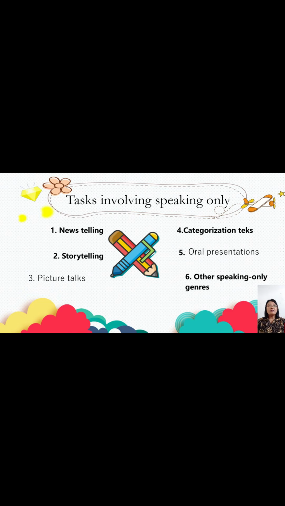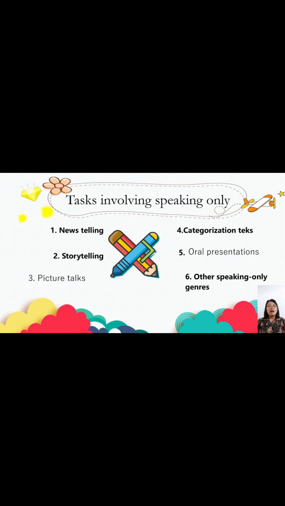And then oral presentation. Oral presentations are also extended speaking texts. Children may be talking about their own experience without preparation, or they may be delivering a report on a project that has been prepared over a number of weeks.